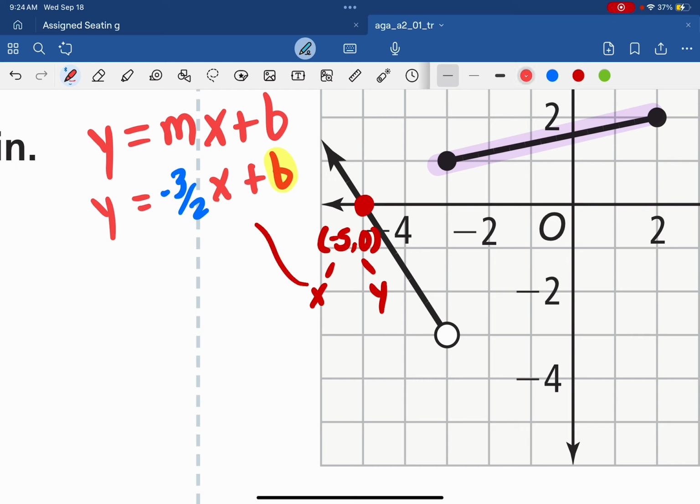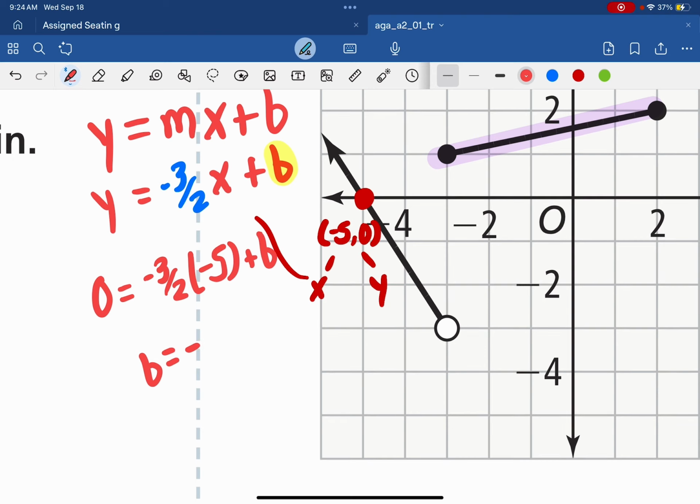So I have 0 equals -3/2 times -5 plus b. And now if I solve for b, I should get b is equal to -15/2.